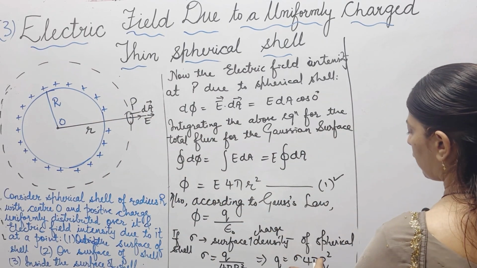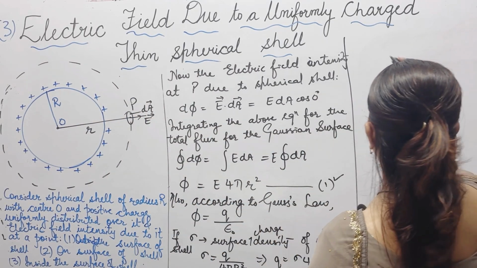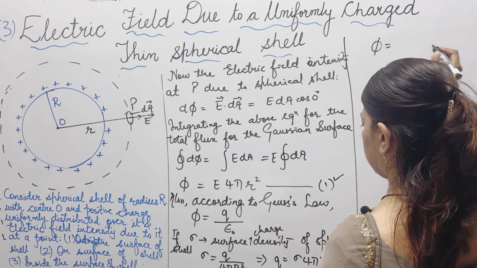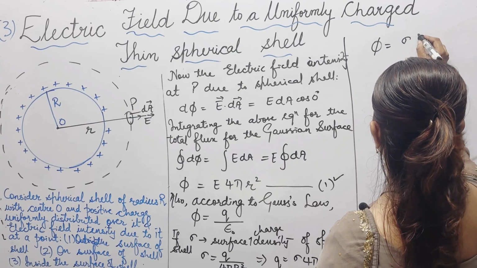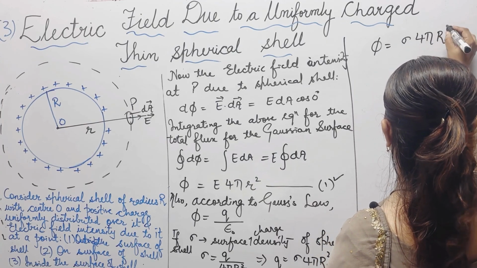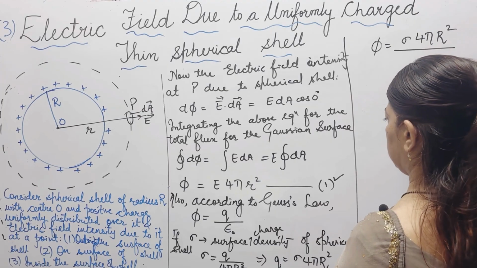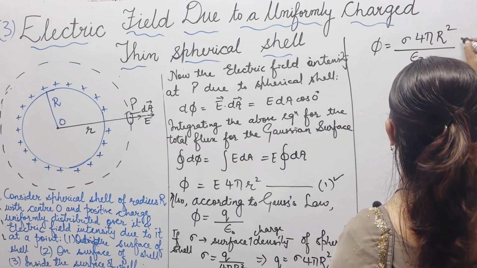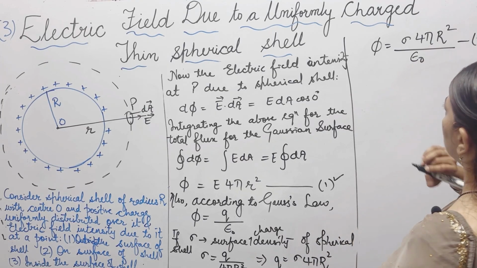Using this value of q in the above equation, we have phi is equal to sigma 4 pi R square upon epsilon naught. Now mark it as equation number 2.